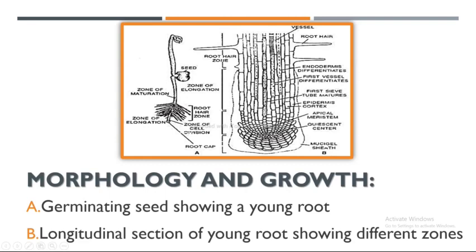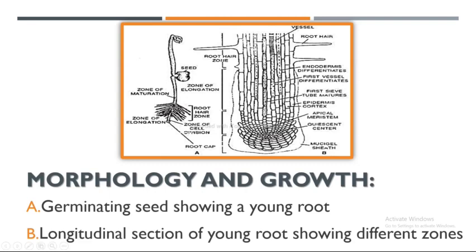In the second figure B, you can see the longitudinal section of young roots which is showing the different parts. In the first, you can see that this is a vessel and this is a root hair. So both of these are included in the root hair zone. In the next, you can see that this is where the endodermis differentiates, this is where the first vessel differentiates, and this is where the first sieve tube matures.